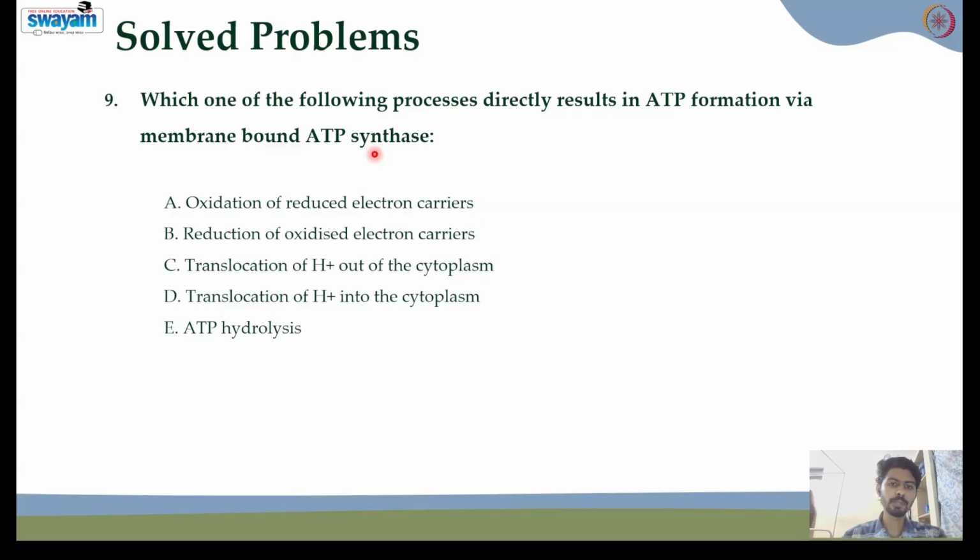Option A, oxidation of reduced electron carrier. Option B, reduction of oxidized electron carrier. Option C, translocation of H plus out of the cytoplasm. Option D, translocation of H plus into the cytoplasm. Option E, ATP hydrolysis.